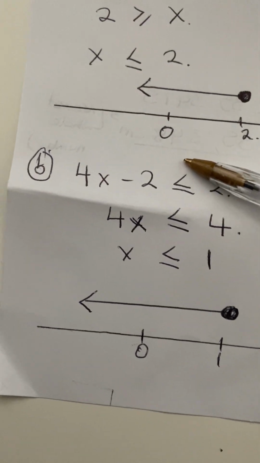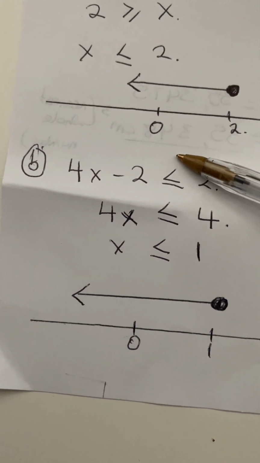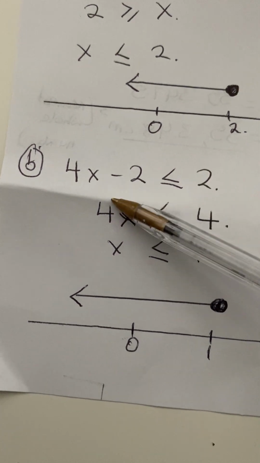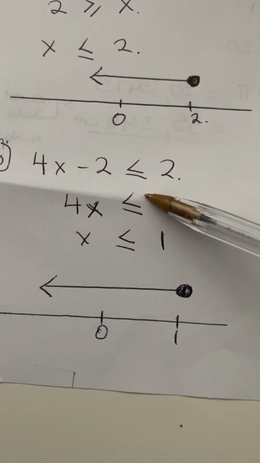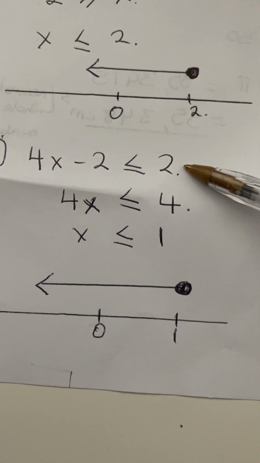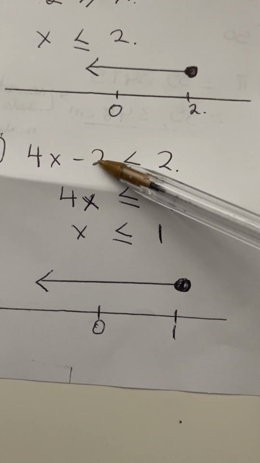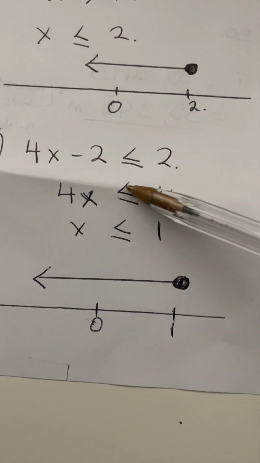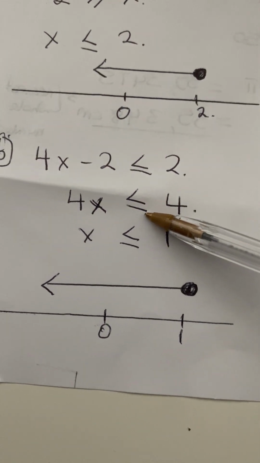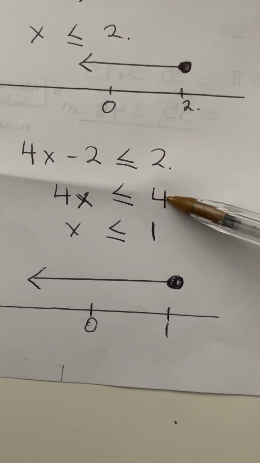Now the second one on this starter is 4x minus 2 less or equal to 2. Now we add 2 on both sides, so we have 4x less or equal to 4.